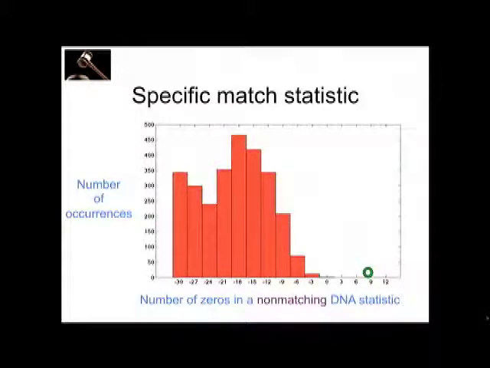We also looked at the specificity. This addresses the question of to what extent do you get a false match? How likely is it that a match statistic of 1 billion would be produced completely by coincidence by TrueAllele? So what we did is we compared the specific evidence genotype used in this match to thousands of random reference profiles.